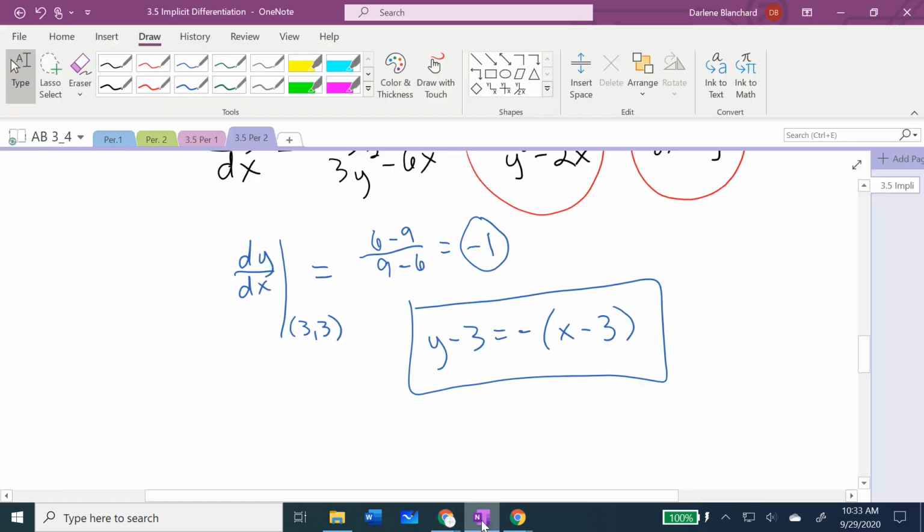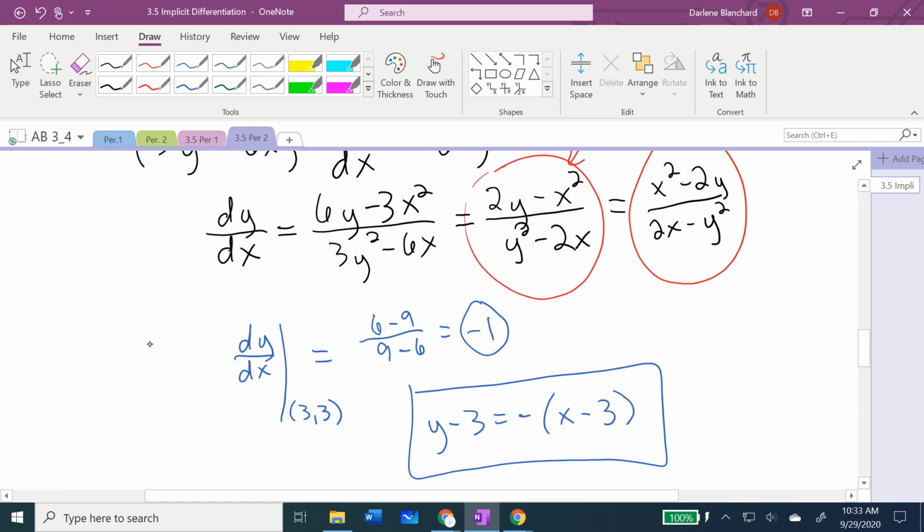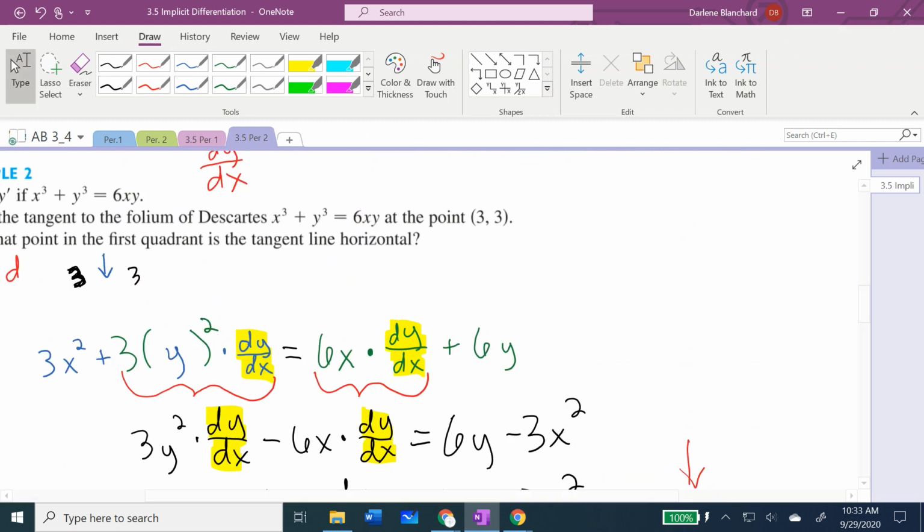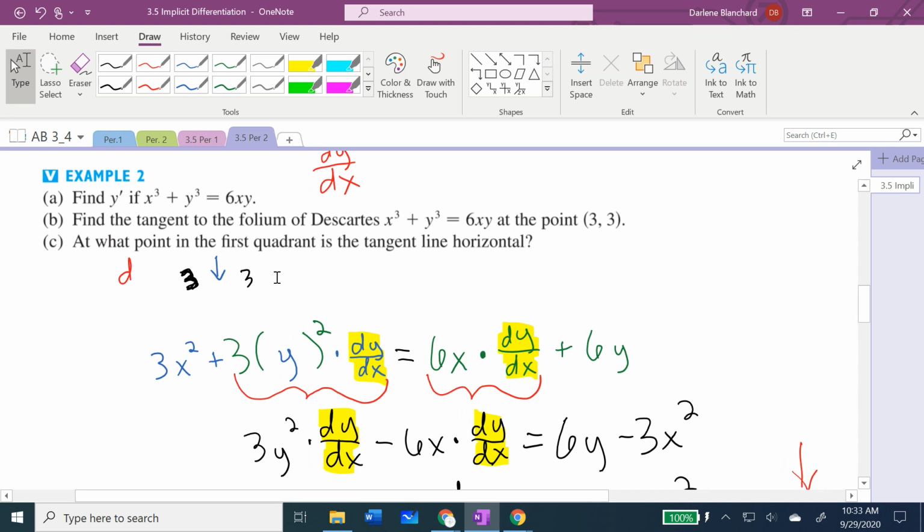Now, back to work. The next problem: at what point in the first quadrant is the tangent line horizontal?